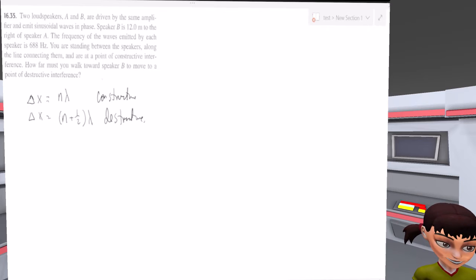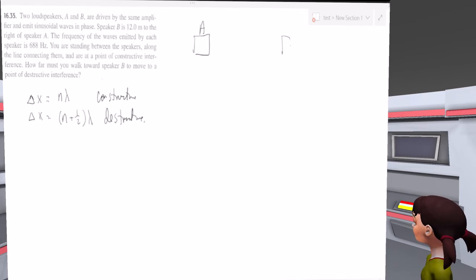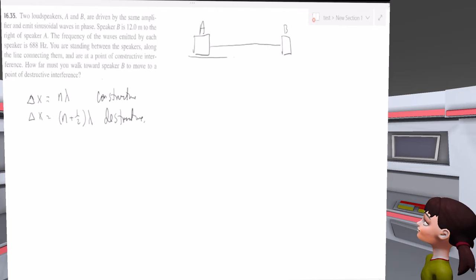So, what does this picture look like? The distance here is 12.